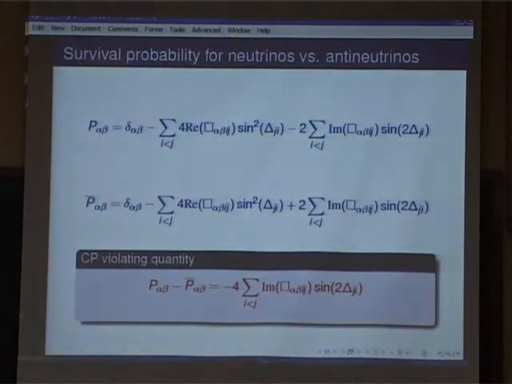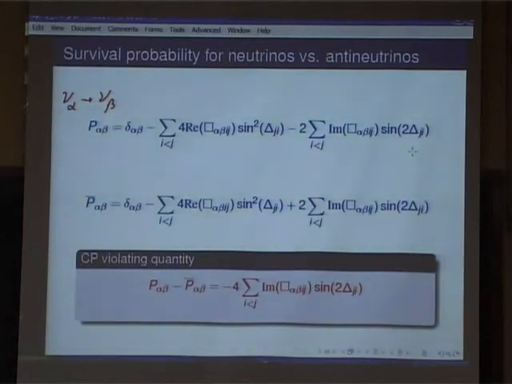So now we will see what happens if we try to write down the Jarlskog probability of neutrinos and antineutrinos. So this one is nu alpha going to nu beta. This is the expression that we always had. This was delta alpha beta, real part of bracket sine squared minus 2 times imaginary part of bracket times sine of delta.